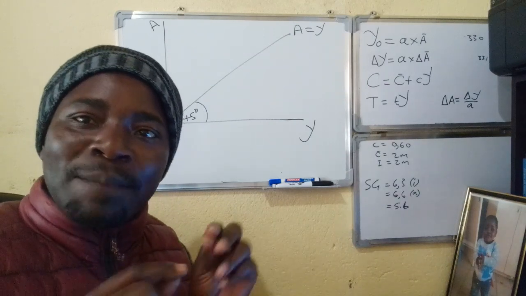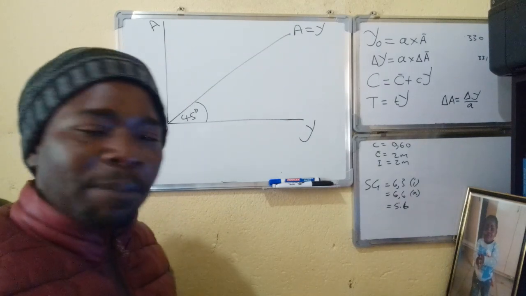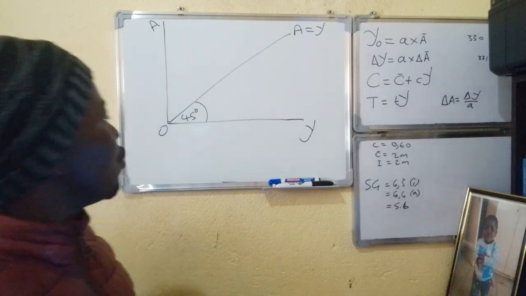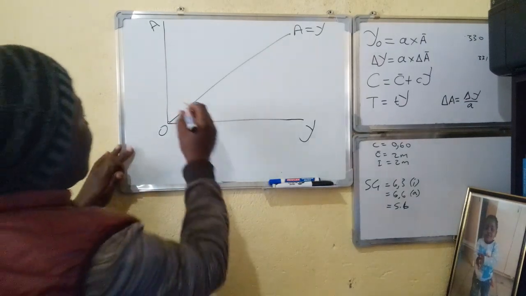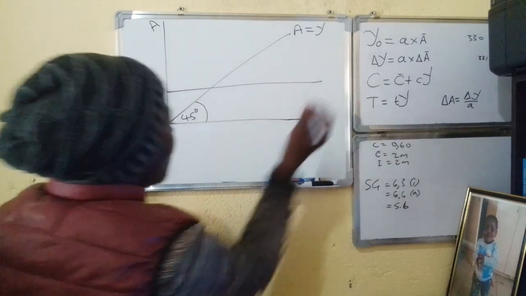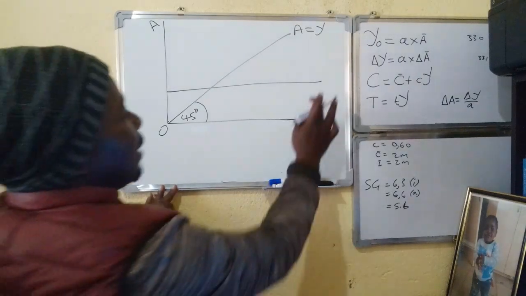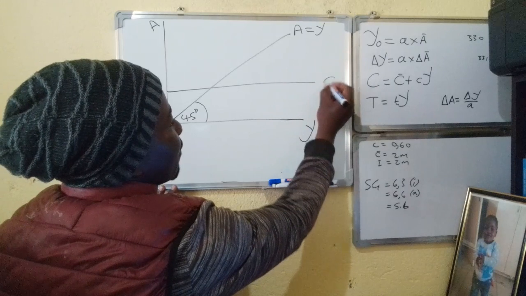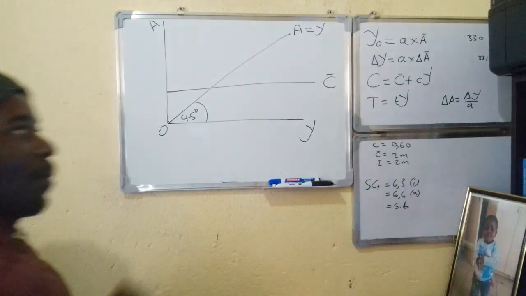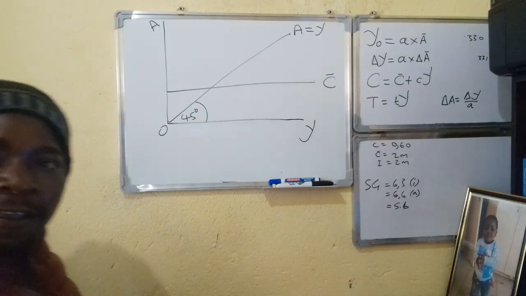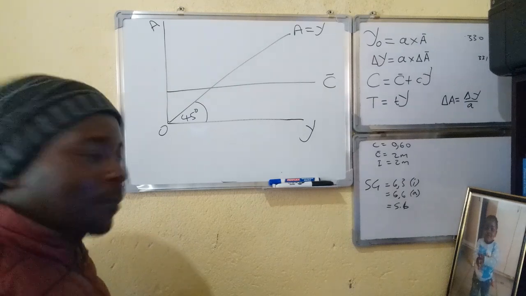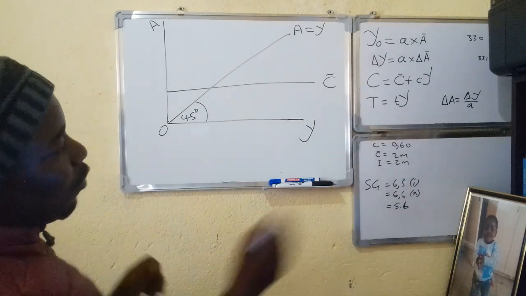So there is a portion of expenditure that does not depend on the level of income. How do we represent that portion? We represent it by a straight line. It's called autonomous expenditure, and it's represented by a C with a bar on top. Okay? Now, why is it a horizontal line?